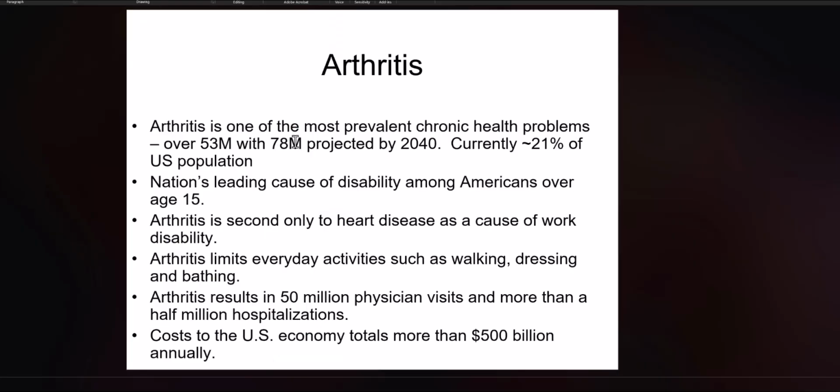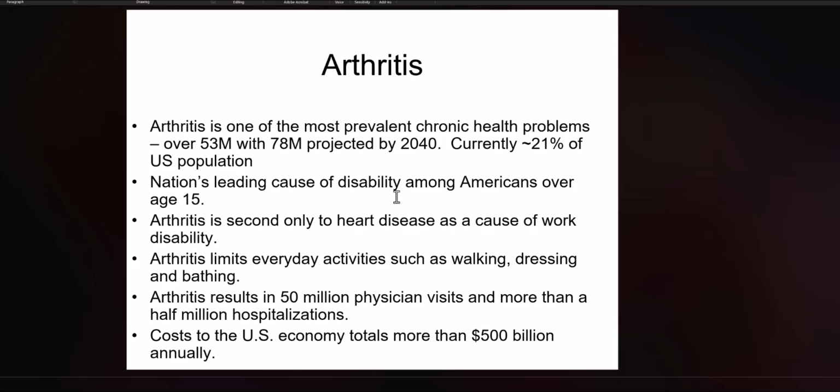So let's just talk a little bit more about arthritis. It is a very prevalent chronic health problem. We have over 53 million people in the US currently, the last numbers I've seen, with a projected incidence of 78 million people by the year 2040. About 1 in 5 people in the US has some form of diagnosed arthritis.